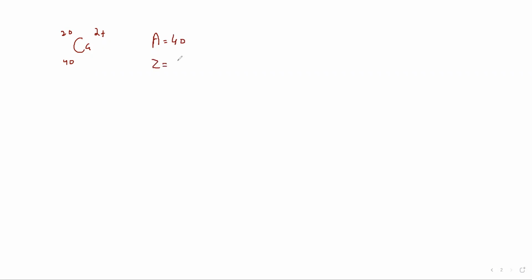What is Z here? Z is equal to 20. If you want to find the number of neutrons, protons and electrons, the proton number will be equal to Z, that is 20. The neutron number is A minus Z, the difference 40 minus 20, that is also equal to 20.